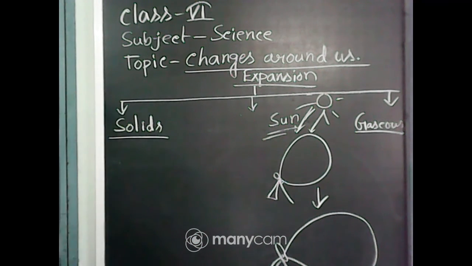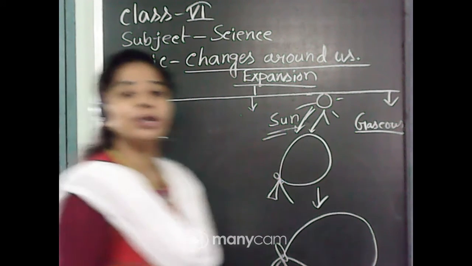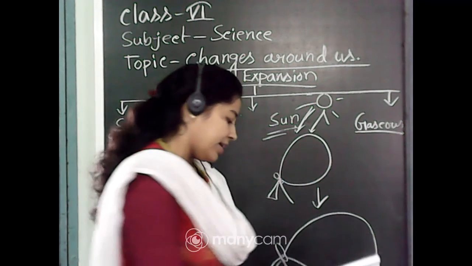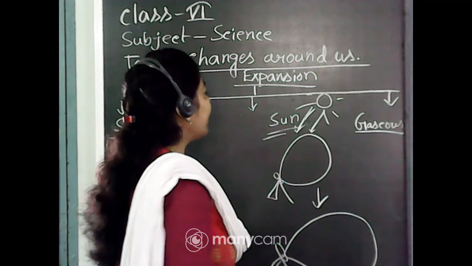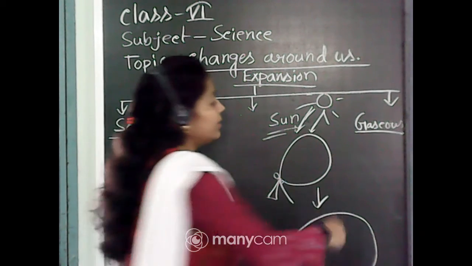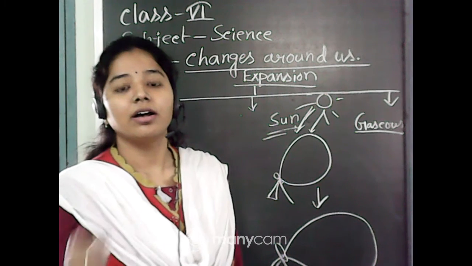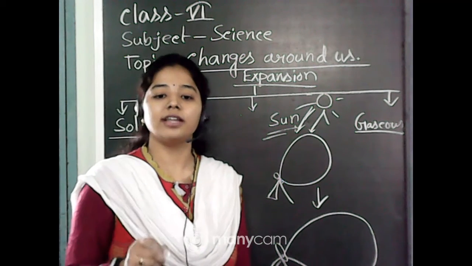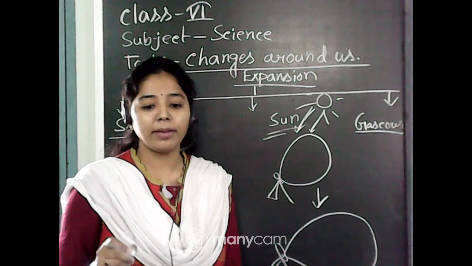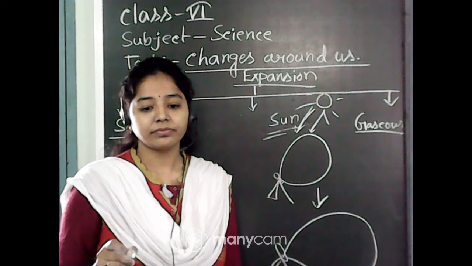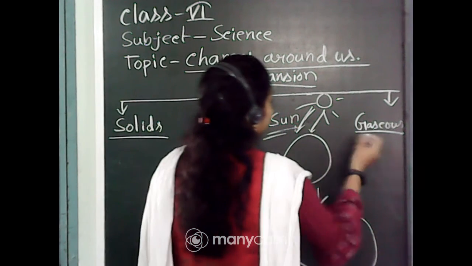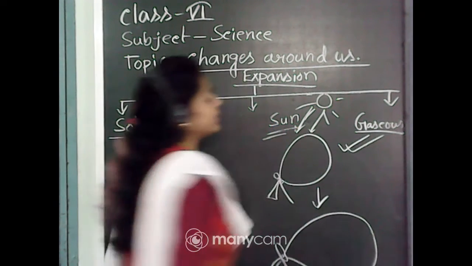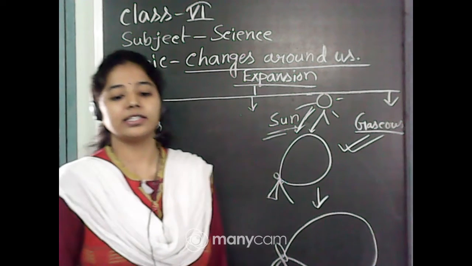This is because of expansion, as the air inside the balloon expands on taking heat from the surroundings. That is why the balloon becomes larger in size when it is kept under sunlight. Understood this point? So this is the example of how expansion takes place in the gaseous state of matter.